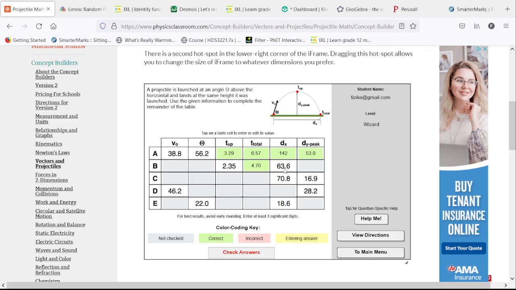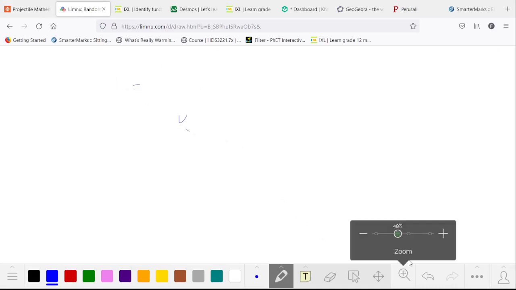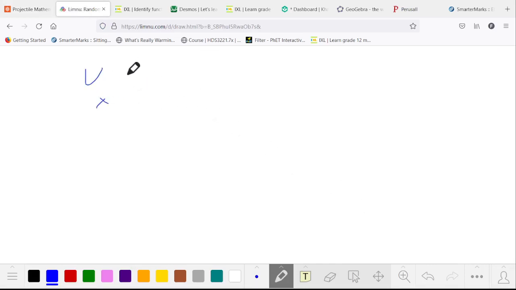With our horizontal distance and our time, we could find our horizontal velocity. So our Vx, sorry, that one was my bad, put my hand on the pad. So our Vx is dx over the t total.